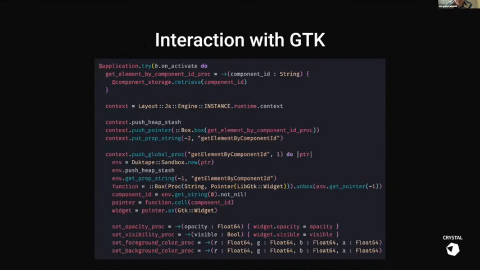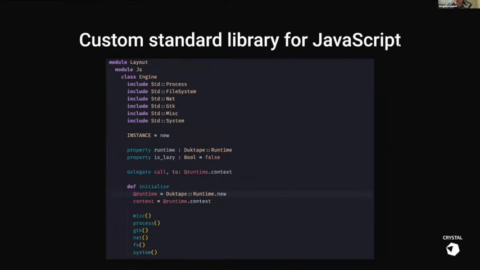You can also do a custom standard library for JavaScript, like Node created their own standard library, and you can do your own standard library just like that. And one more thing you can do is that you can add your own function calls, you can create your own syscalls, and etc.